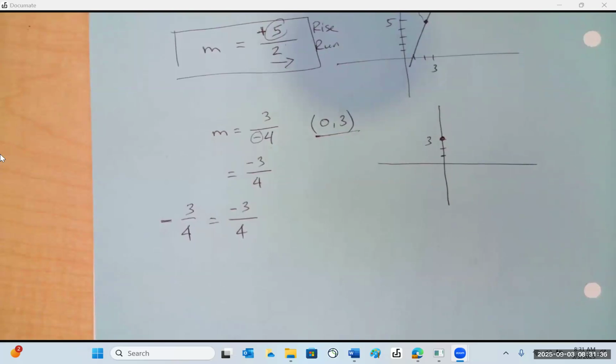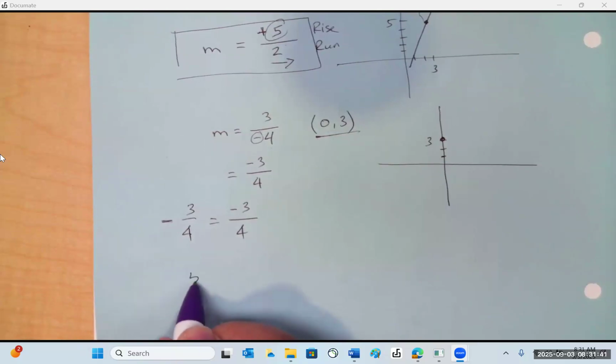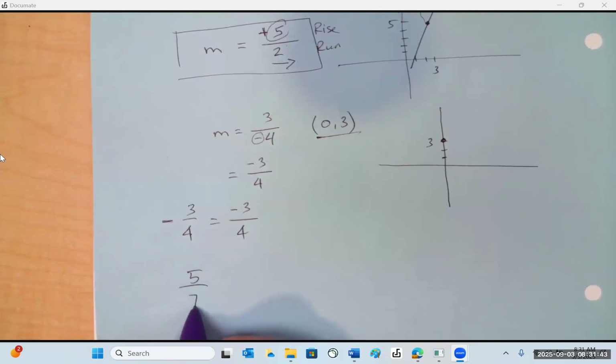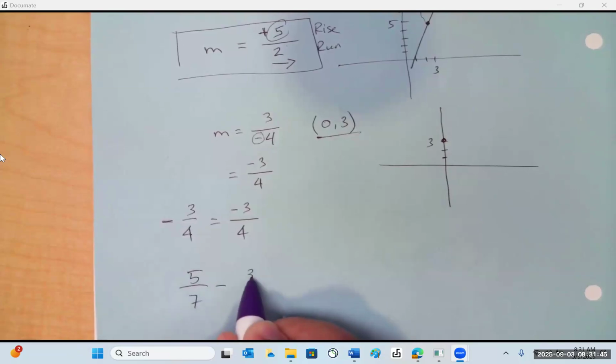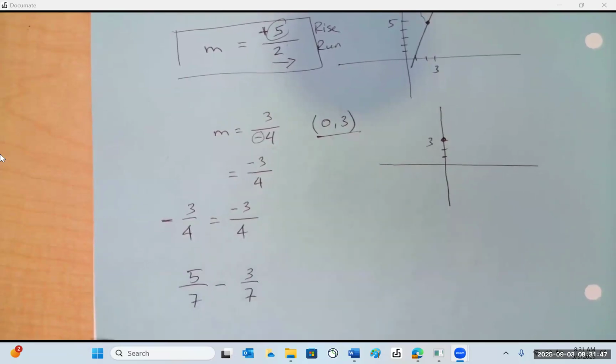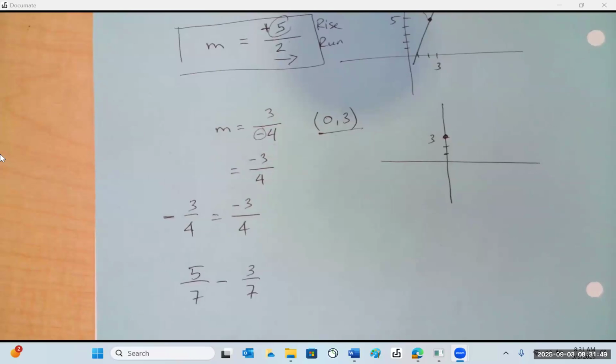Why is that? Well, let's say we had this equation here. What's the rule for adding and subtracting fractions? What do you have to have? Common denominator, yes. Denominator is the bottom number. The bottom numbers have to be the same.